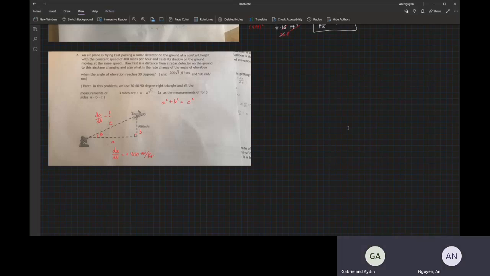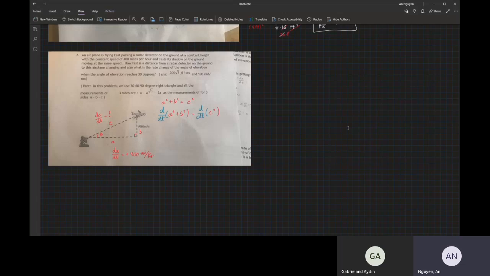And then we can take the derivative of both sides. So d dt of a squared plus b squared is equal to d dt of c squared.